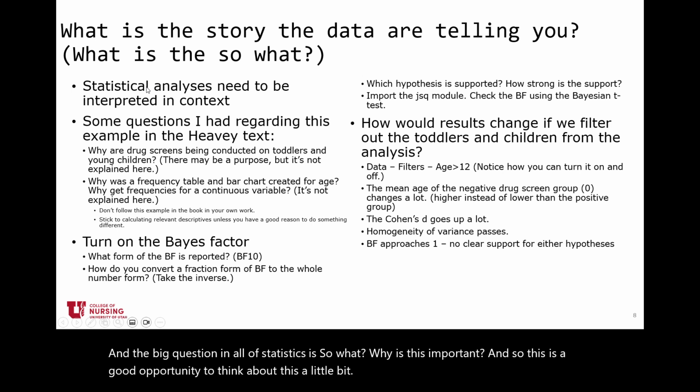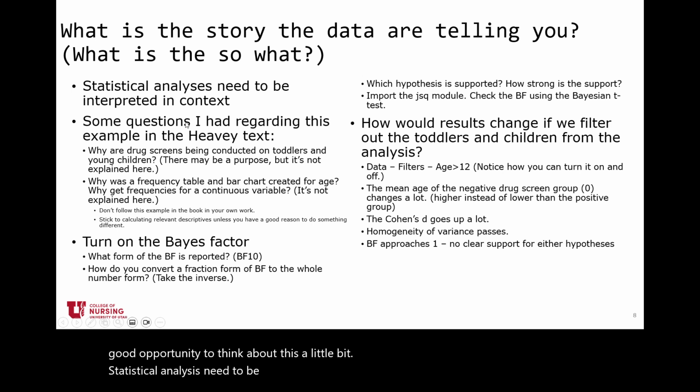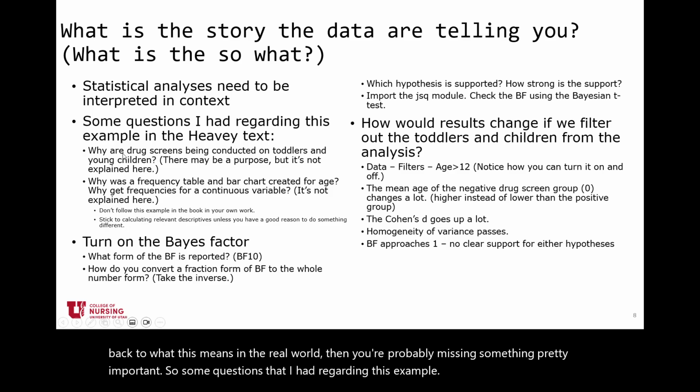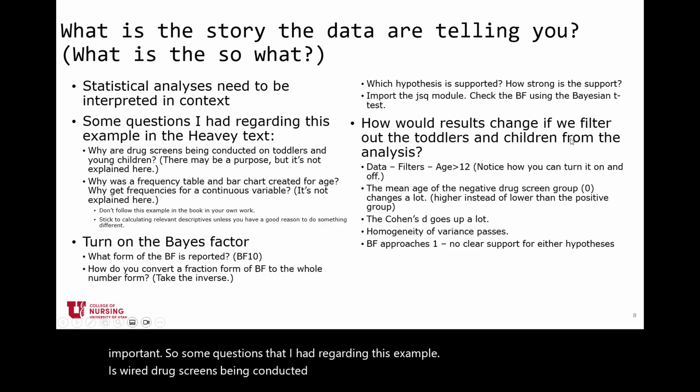Statistical analyses need to be interpreted in context. So if you can't take this back to what this means in the real world, then you're probably missing something pretty important. So some questions that I had regarding this example is, why are drug screens being conducted on toddlers and young children?